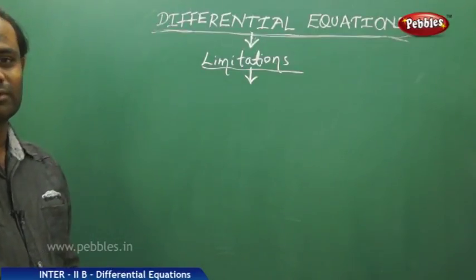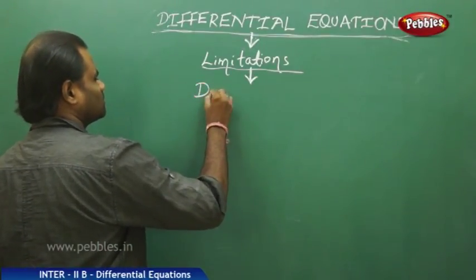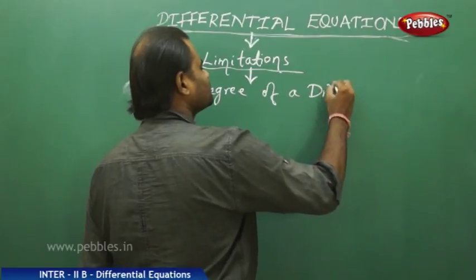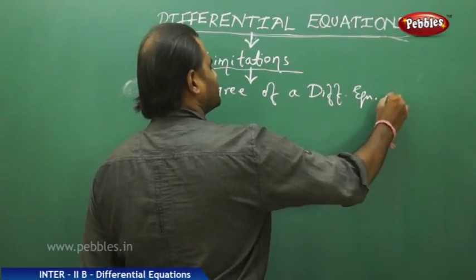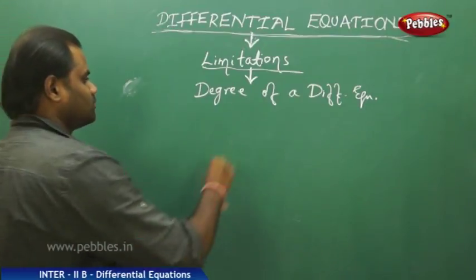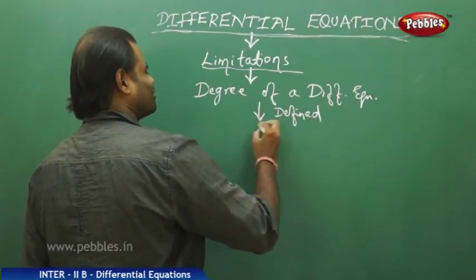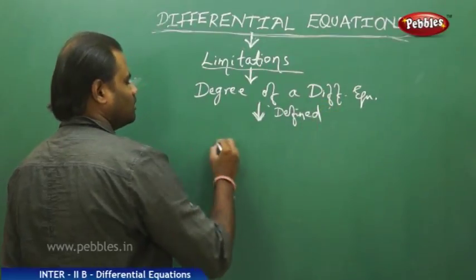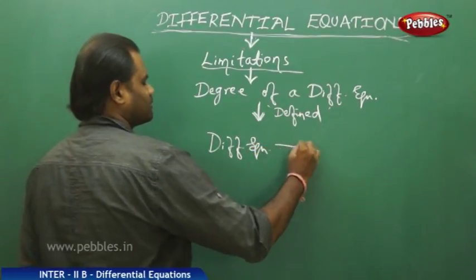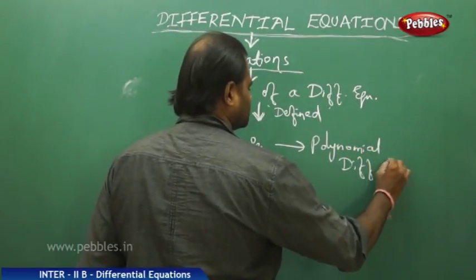The limitation of the order and degree of a differential equation is that the degree of a differential equation, as we have seen in the previous case, is defined only if the differential equation is a polynomial differential equation.